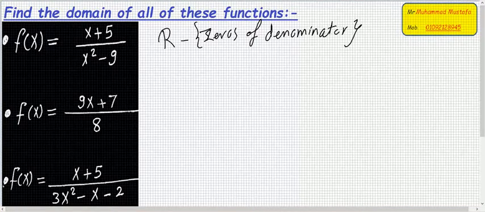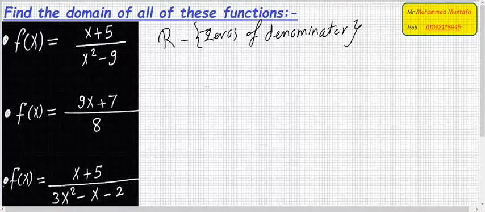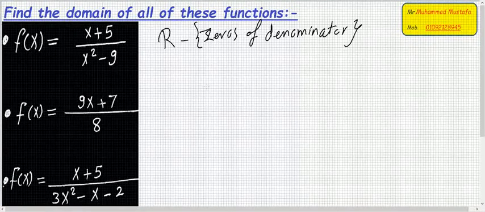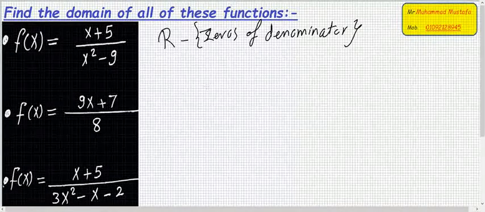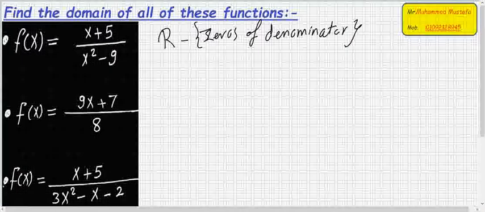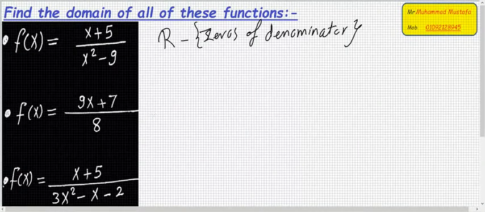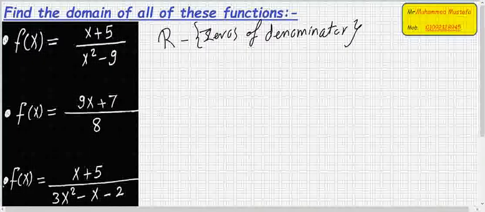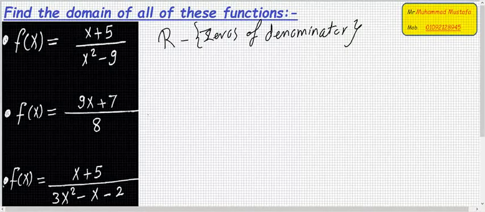If the fractional function has a numerator and denominator, and both of them are polynomial functions, we use this rule: R minus the set of zeros of the denominator. So we search for the values that make the denominator equal 0.